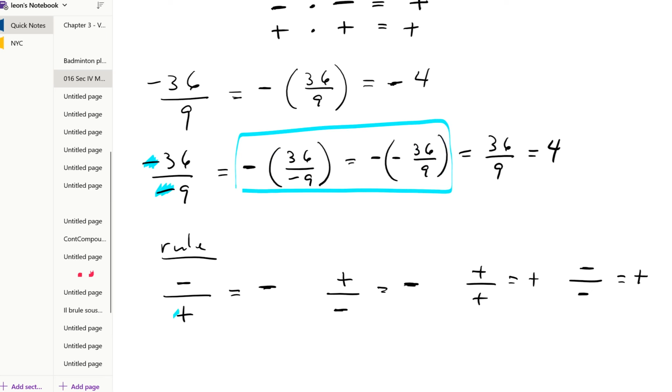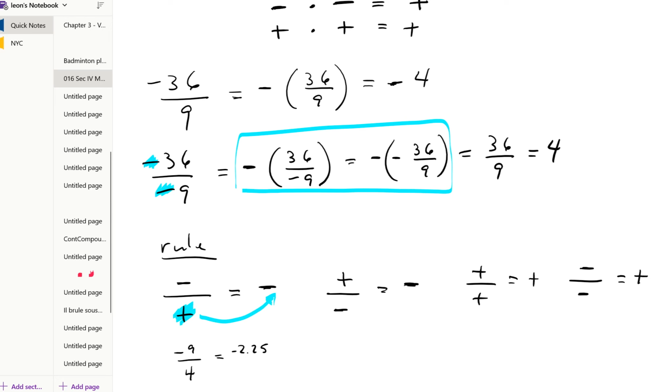If I send the positive on the other side here, for example, let's say I have minus 9 over 4, that's going to give me a negative number. In fact, it's going to give me minus 2.25.